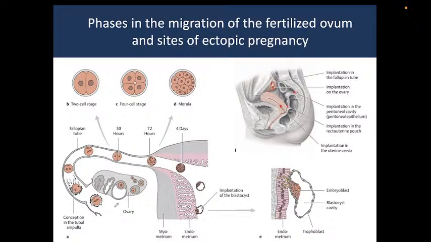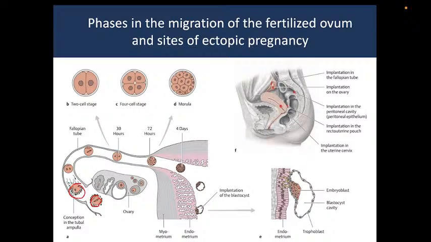First, this ovary and the follicles, matured follicles, and ovulation, and you see the oocyte with the sperm around it.